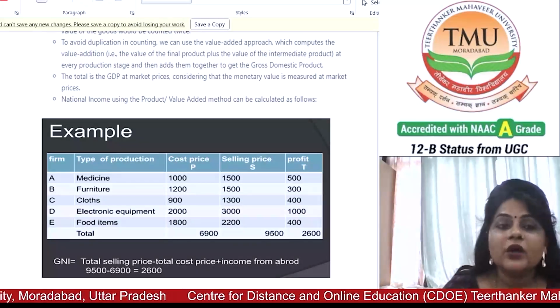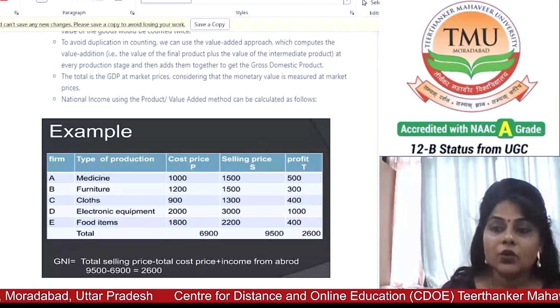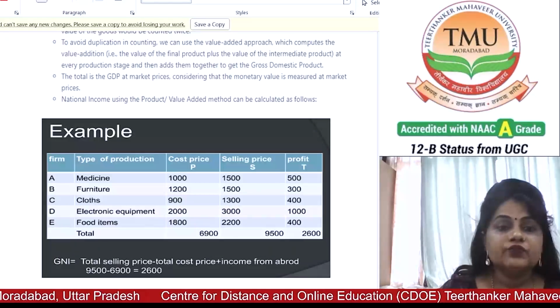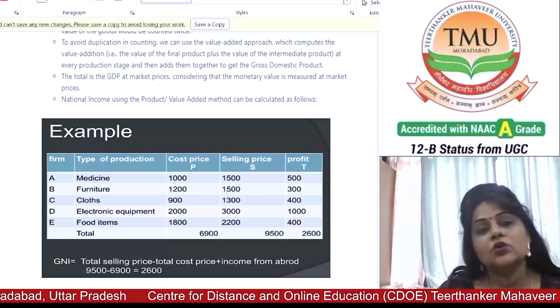It is, in other words, the amount of gross value added.